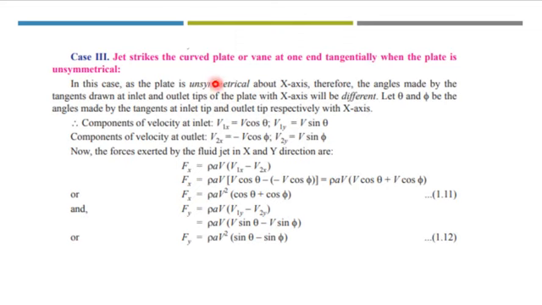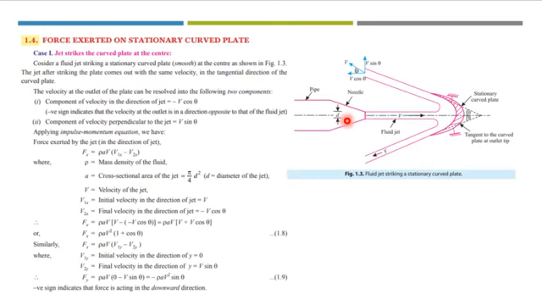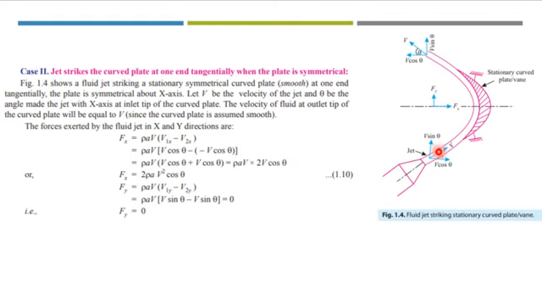Now the last case of a stationary plate when the plate is curved is that the jet strikes the curved plate at one end tangentially when the plate is unsymmetrical. So the first case was that the jet was striking at the center. In the second case, the jet was striking at one end, but the plate was symmetrical.